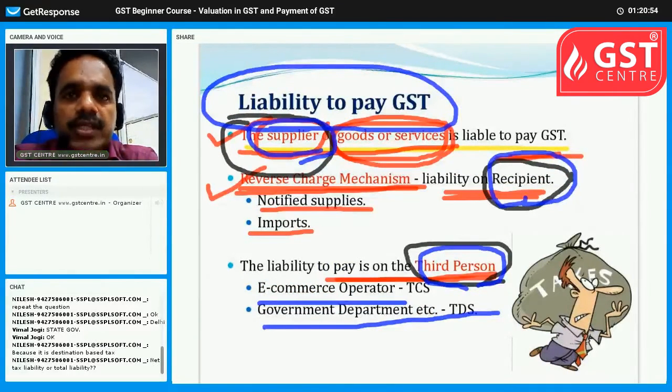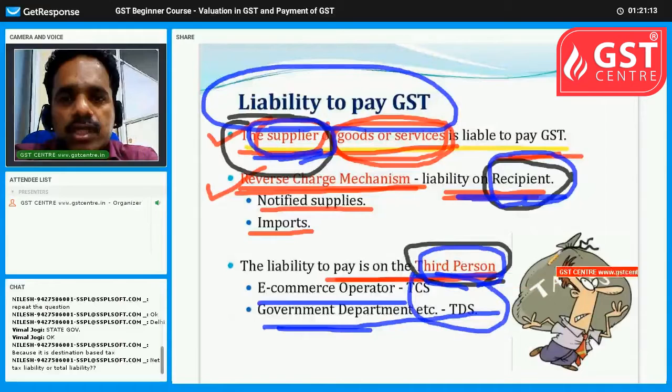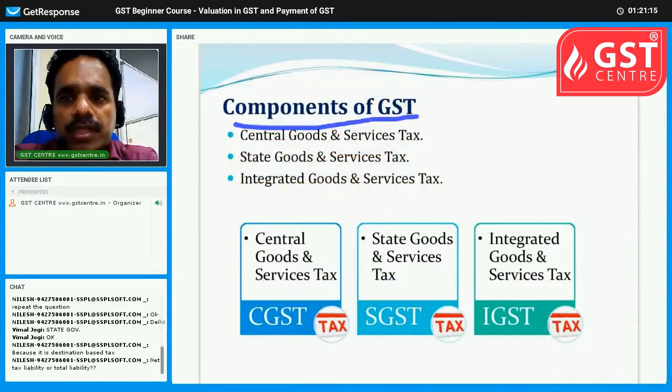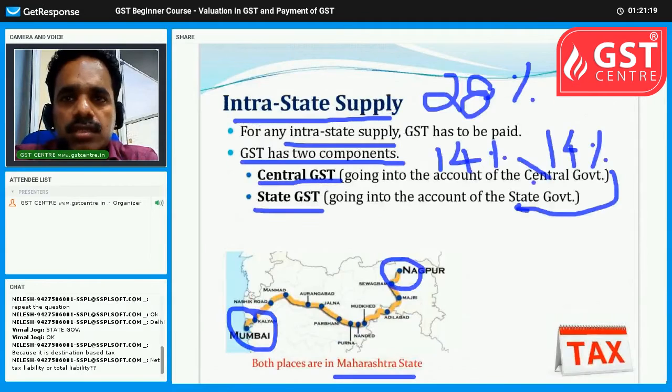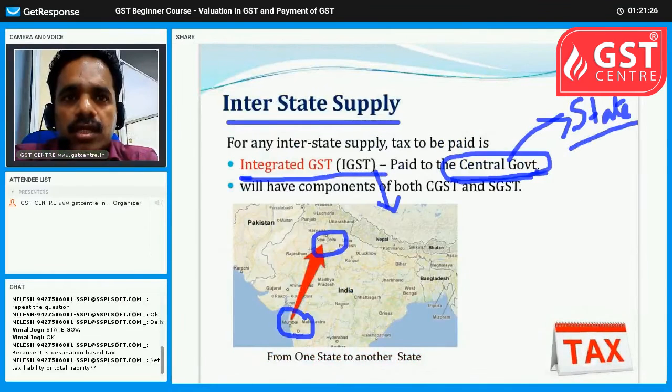So in this chapter we have seen for whom there is a liability to pay GST. Normally it is on the supplier, and in some cases like reverse charge mechanism for imports, the recipient, the buyer, has to pay GST. In some cases like e-commerce portals or government departments or companies, that is called TCS or TDS, the third person has the liability. GST has three components: CGST, SGST and IGST. Intrastate supply means sale within the state, which has two components: central GST and state GST.